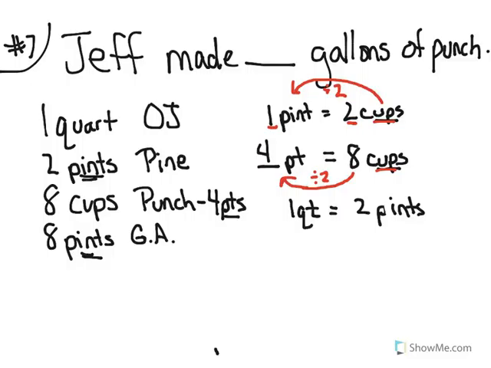And I have 1 quart of orange juice. So to go from 1 quart, I'm going to multiply, and 1 quart equals 2 pints. So I have 2 pints of orange juice.